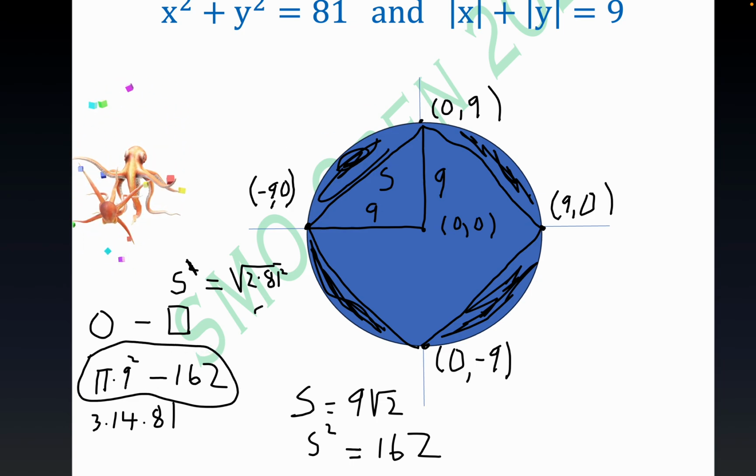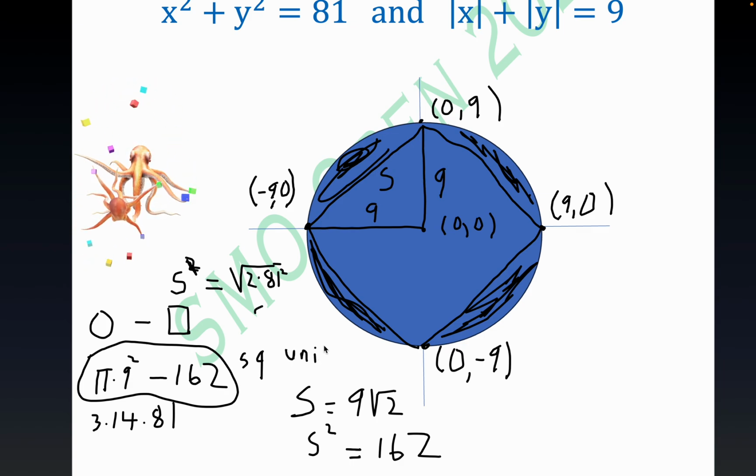But this would be somewhere around 3 times 81 is 243, so a number maybe in the 250 range. So it'd be approximately 250 minus 162, and we might as well say square units. This is just kind of a mess right here, but this is the answer I got, folks. Okay, thanks for viewing.